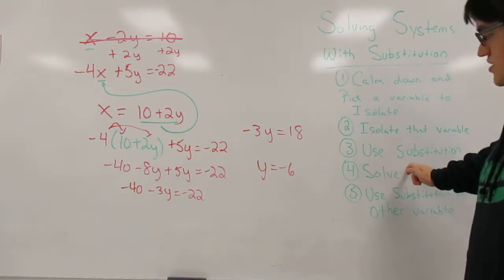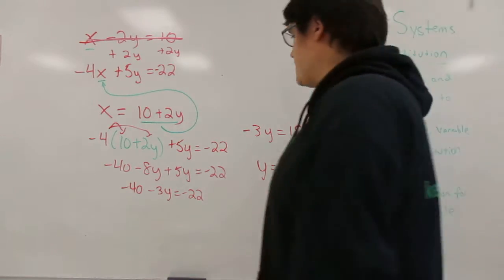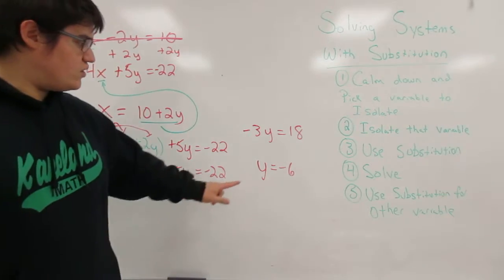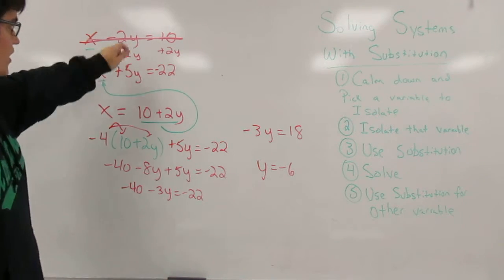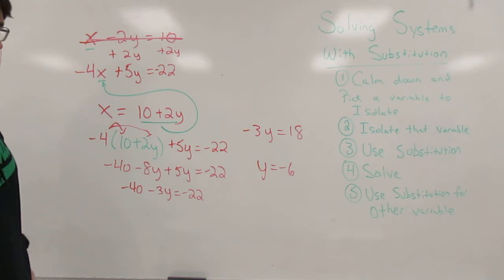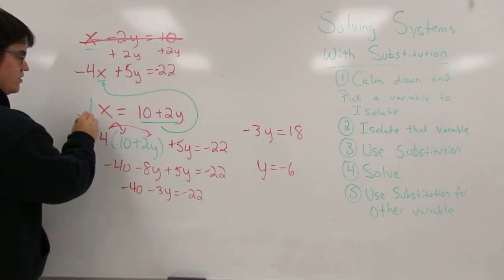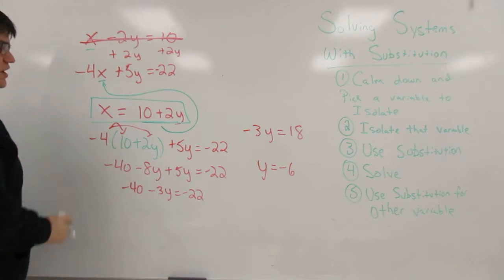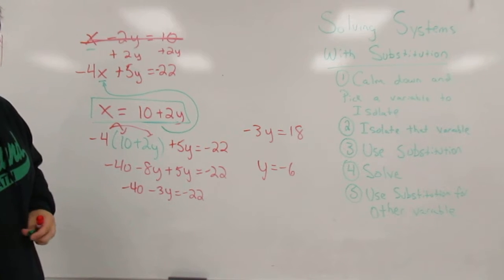Now, that's the solving part. We're going to use substitution to find the other variable. So we still have to find x. The beautiful thing about this is we know y is negative 6 for this system here. So you can substitute in negative 6 for y anywhere you see it to find x. I think the best equation to use, though, is this one right here. It tells us what x is when we know what y is.